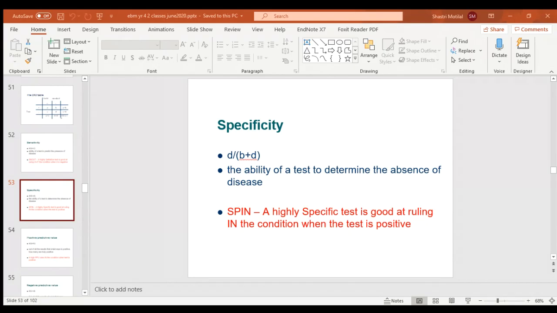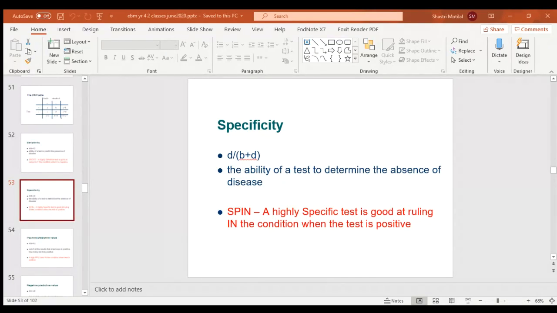So that's two examples of how we could use sensitivity and specificity, right? Now, the ideal test is both very sensitive and very specific. If we had a test that was 99% sensitive and 99% specific, a good example is an HIV antibody test, then we would say that's ideal.